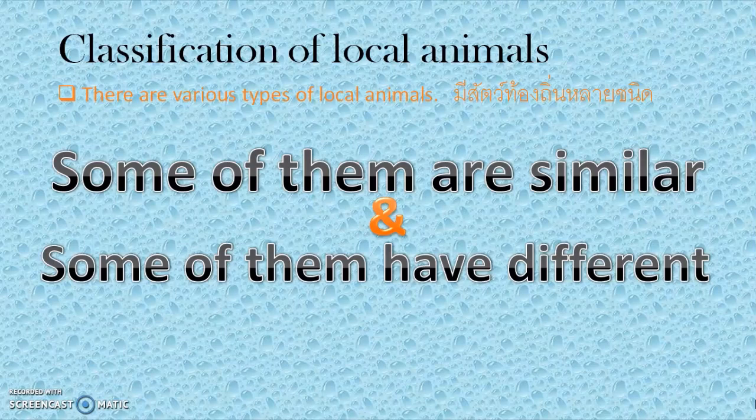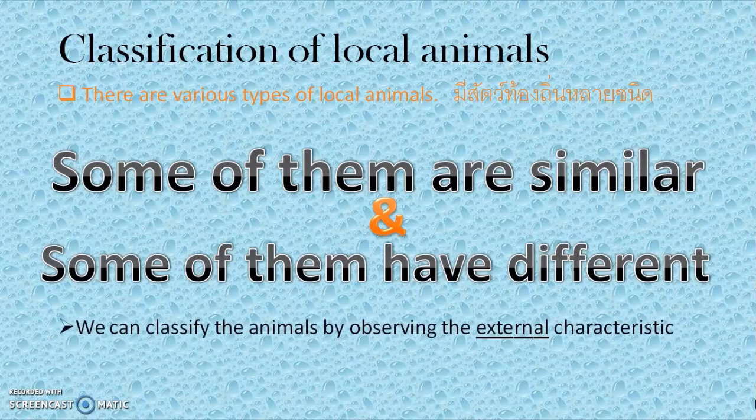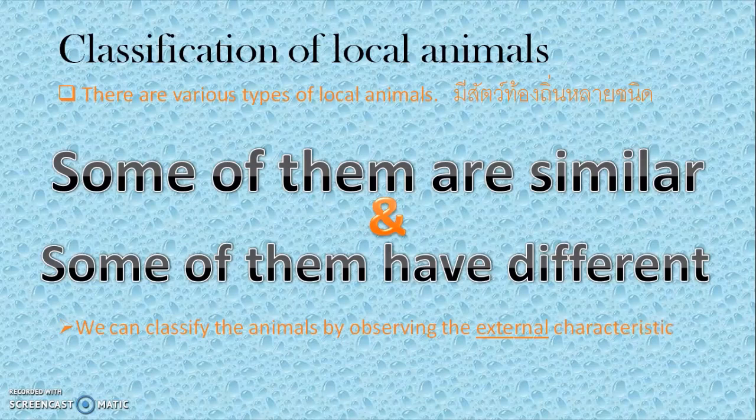This is the continuation of our topic last meeting. So now, we can classify the animals by observing the external characteristics, whether they are similar or different. Okay, this is interesting.